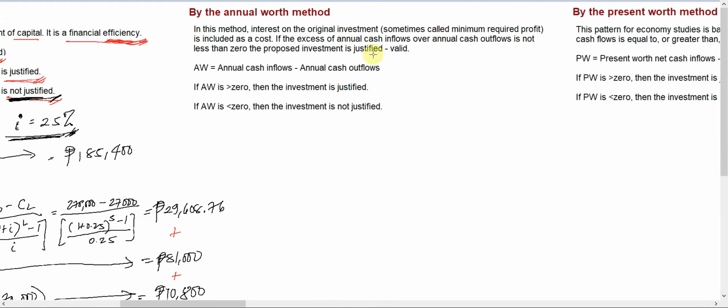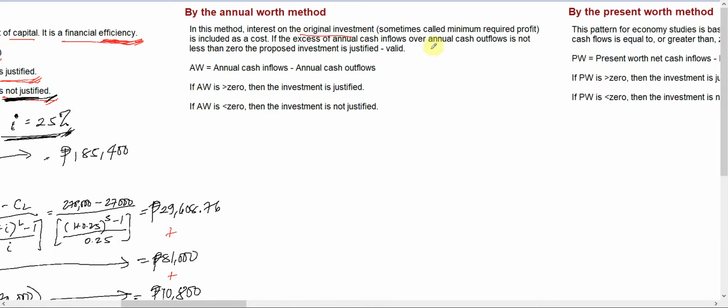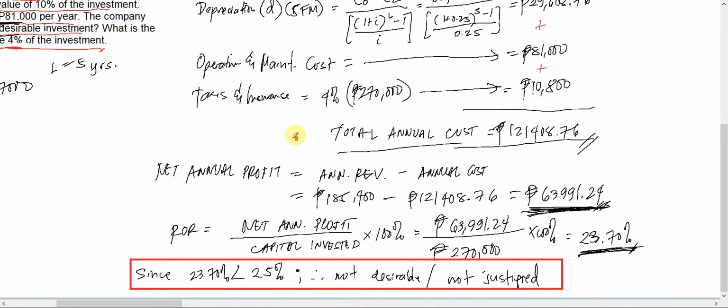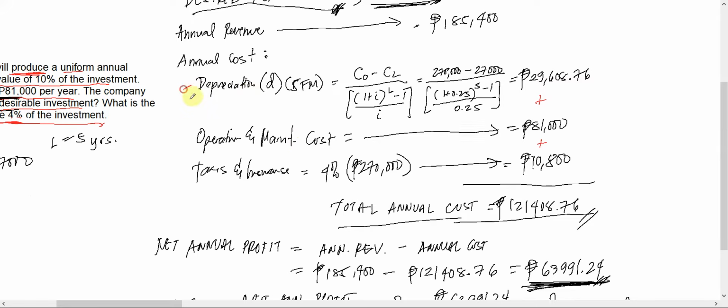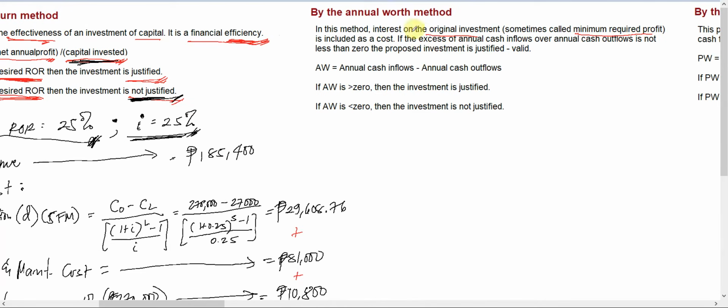Okay, the annual worth method. So, in this method, interest on the original investment or sometimes called the minimum required profit is included as a cost. Kung dito sa rate of return, ang mga annual cost lang natin is depreciation, operation maintenance, and taxes and insurance, dito idadagdag natin yung interest on the original investment or the minimum required profit.